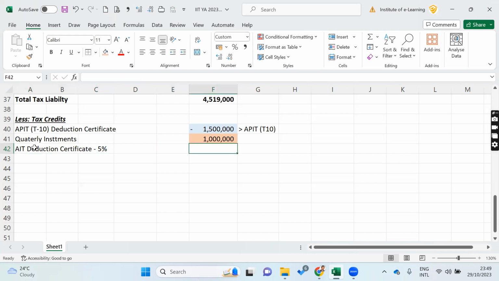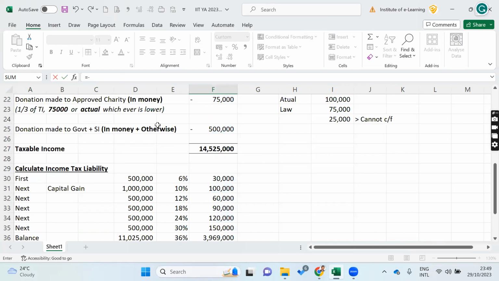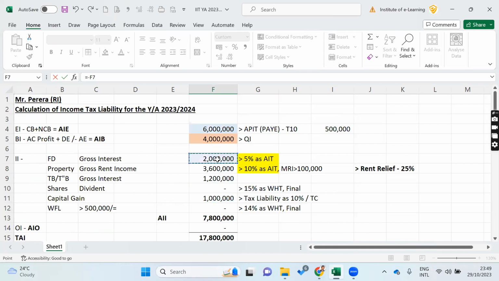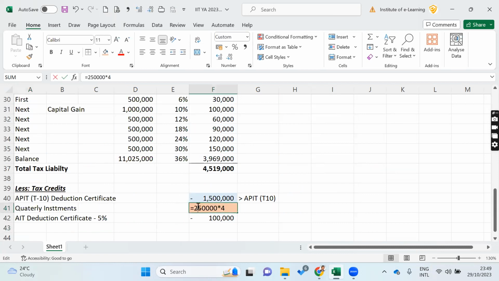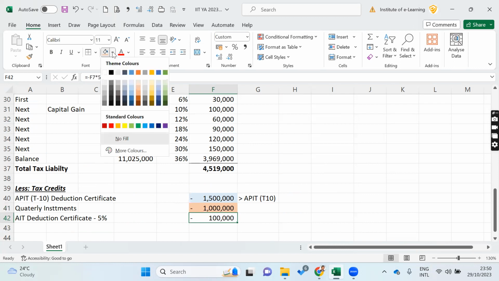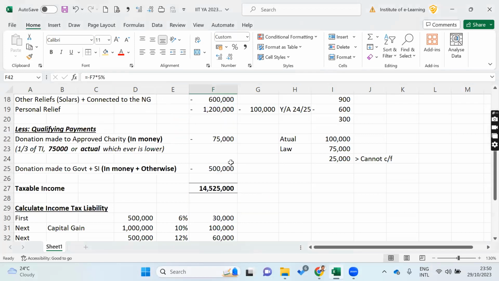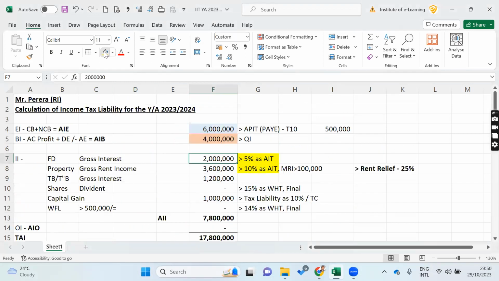So here you can take 5% on this gross interest. Here also minus, right? So this is also taken.